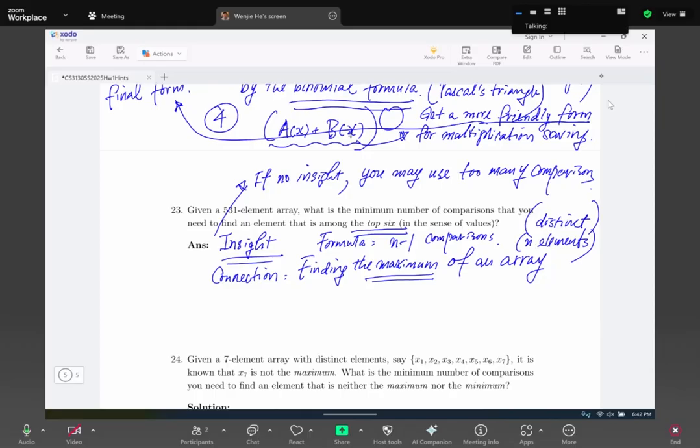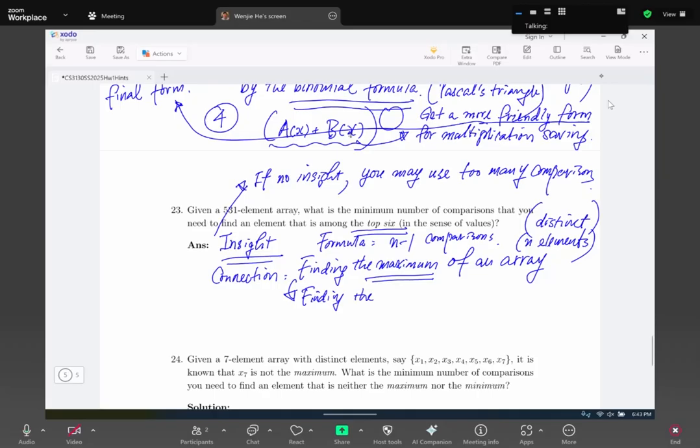How do I rephrase the sentence, finding the maximum? That's just finding the element D, because only one, right?